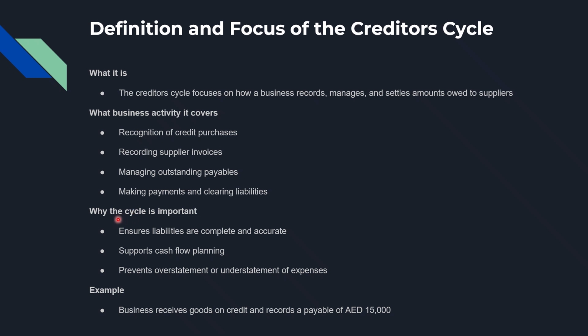This cycle matters because it helps ensure that amounts owed are recorded correctly. It also supports cash flow planning and reduces the risk of expenses being recorded too high or too low. For example, when goods are received on credit and a payable of 15,000 dirham is recorded, that amount represents a liability that must be managed properly.